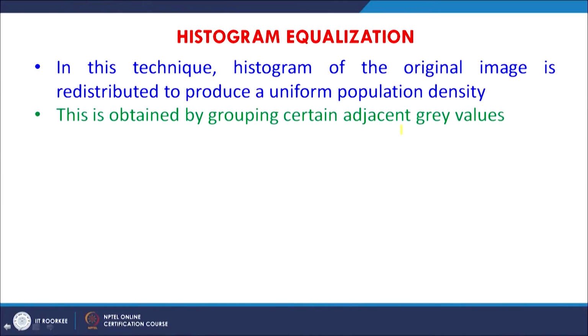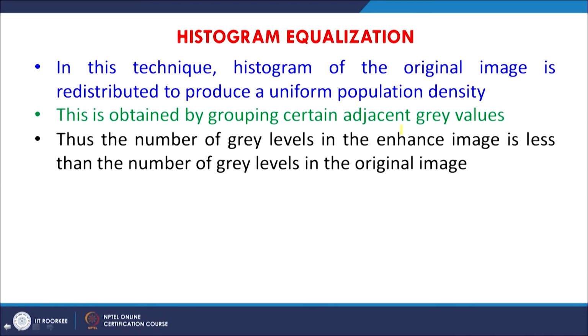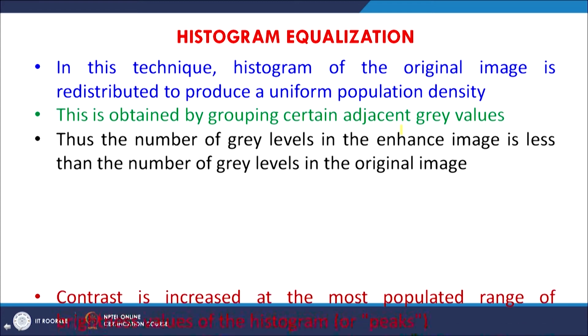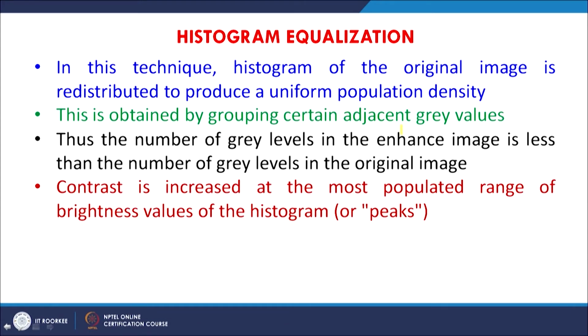So, this is obtained by grouping certain adjacent gray values or pixel values. Gray values, whenever we mention, means that we are talking about a single band, and thus the number of gray levels in the enhanced image is less than the number of gray levels in the original image, and this will increase the contrast, as you have also seen in the demonstration, in the most populated range, which is generally in the middle range, and these are redistributed.